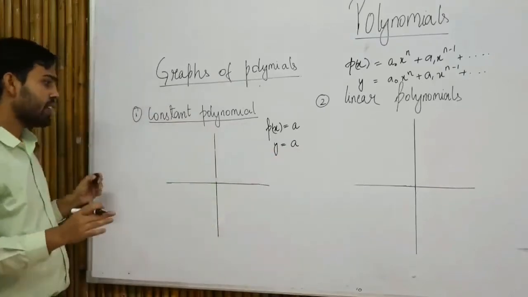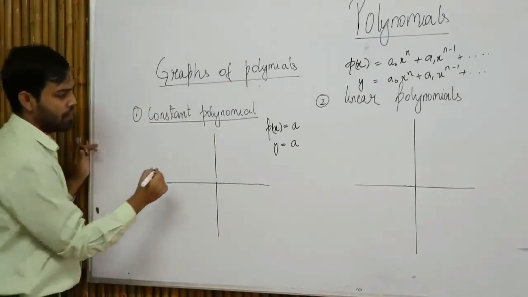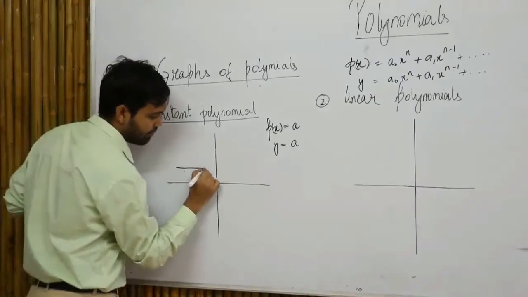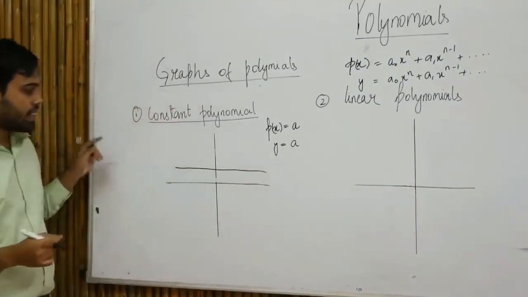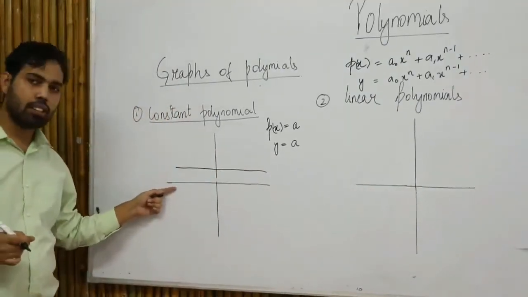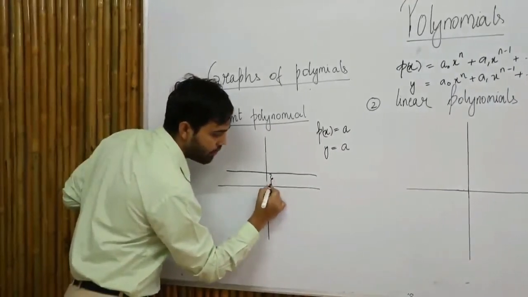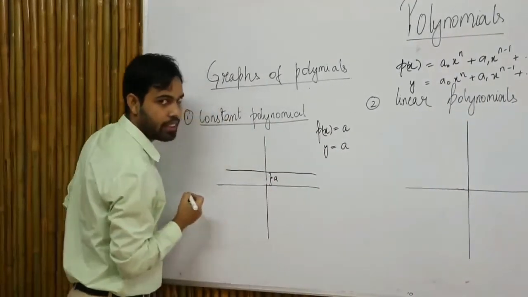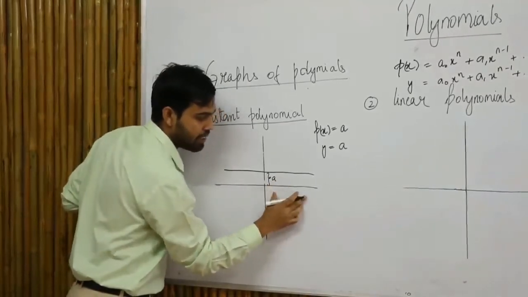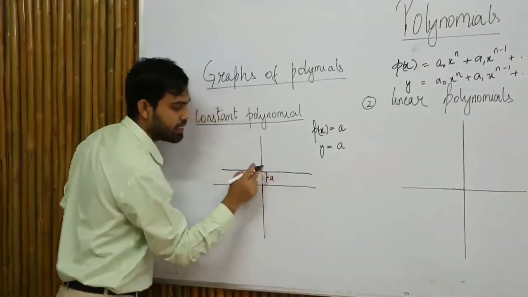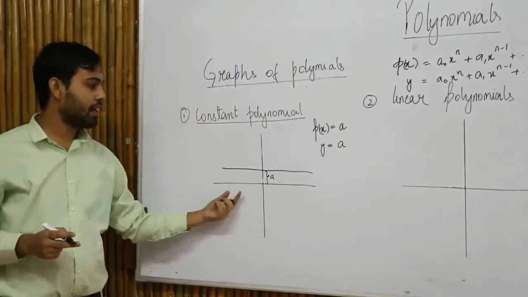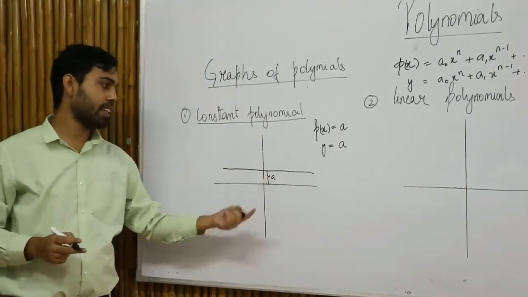This graph will look something like this. It is a line which is parallel to the x-axis, and this line is at a distance of a units from the x-axis.